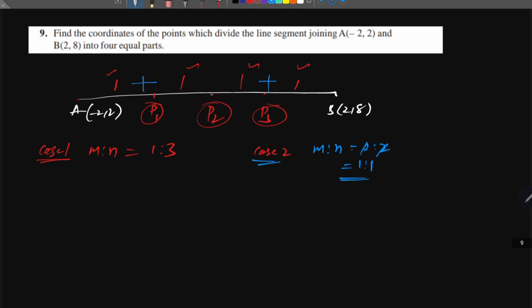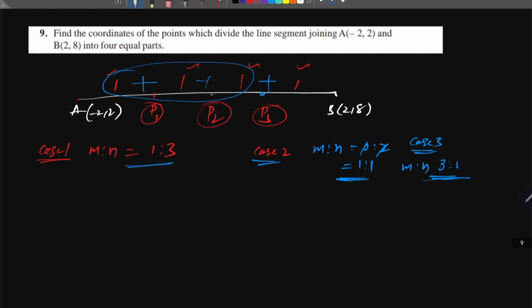Next, case 3 means the P3 location, which is these all added, so we can take it as 3 is to 1. So m is to n is equal to 3 is to 1. The same simple formula we need to use 3 different times: first time 1 is to 3, next time 1 is to 1, third time 3 is to 1.